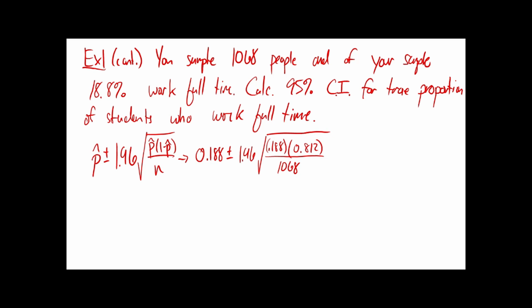So take a couple seconds. Actually, evaluate that margin of error for me, and let's see if our margin of error really was as low as we wanted it to be. Remember, we wanted it to be under 3%. That was our goal. Let's see what our actual margin of error came out to be.